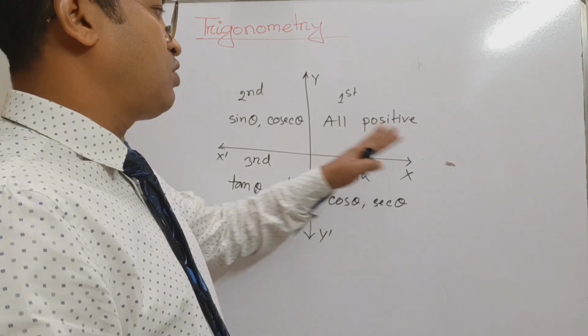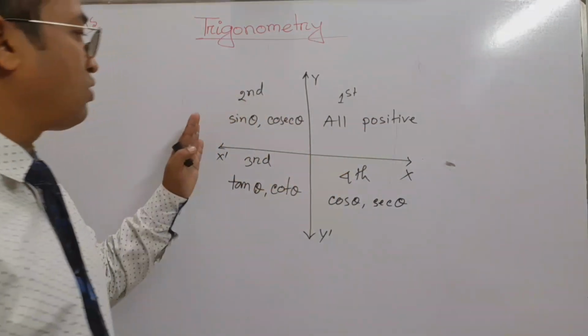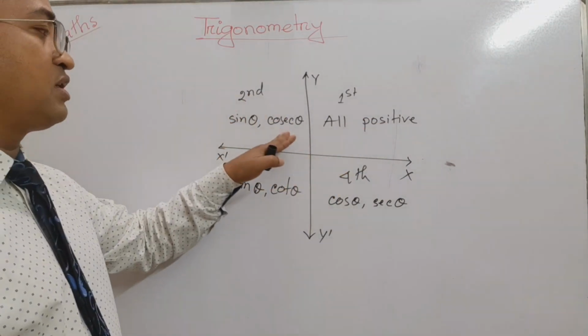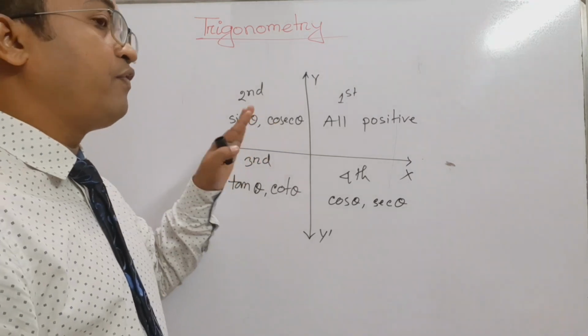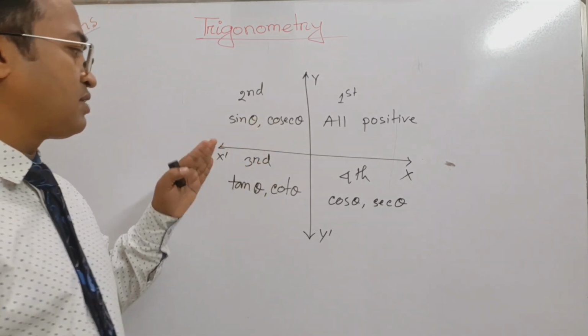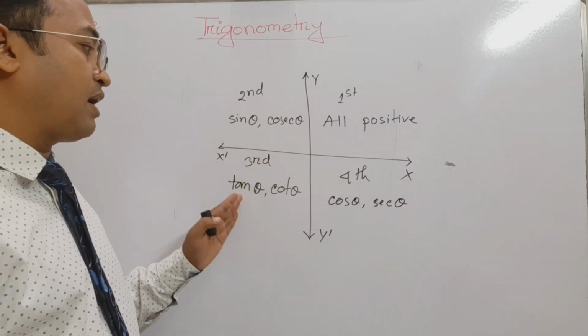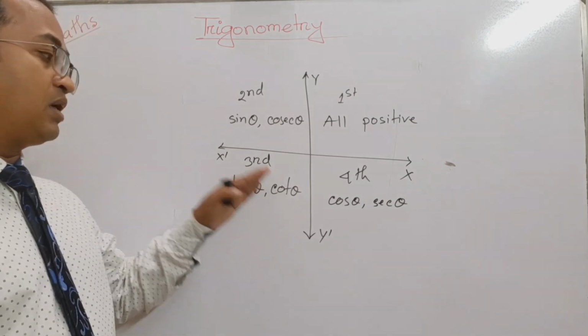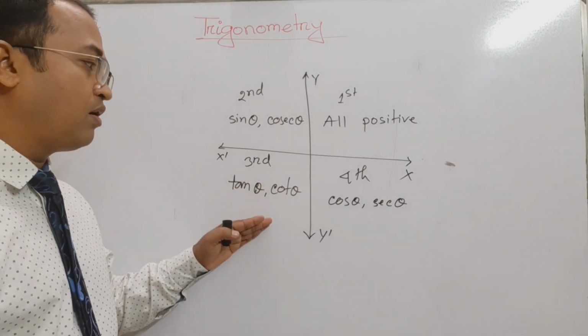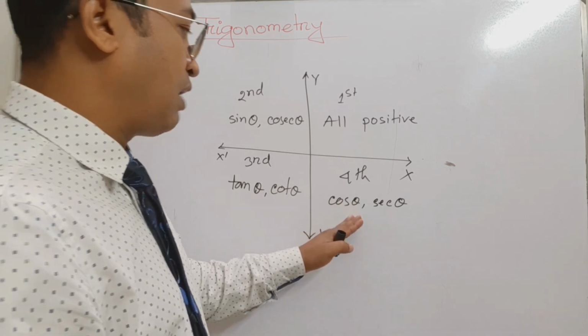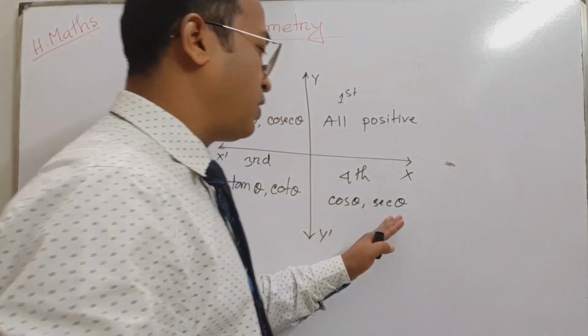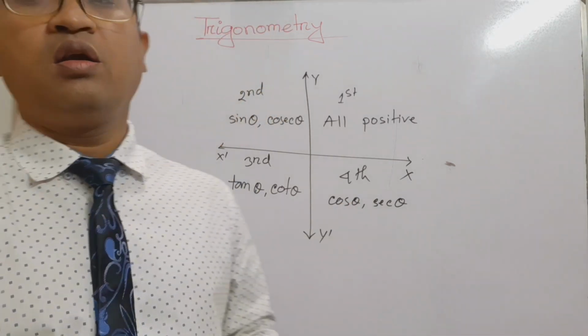In the first quadrant all are positive. In the second quadrant sin theta and cosec theta are positive, but the remaining 4 are negative. Similarly, in the third quadrant tan and cot are positive, but the remaining 4 are negative. In the fourth quadrant cos and sec are positive and the remaining 4 are negative.